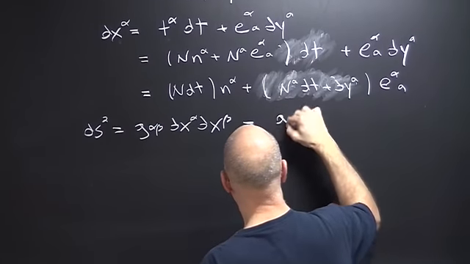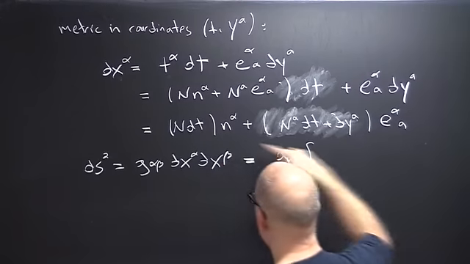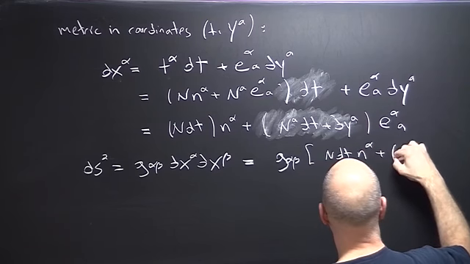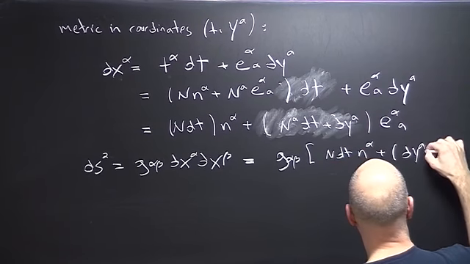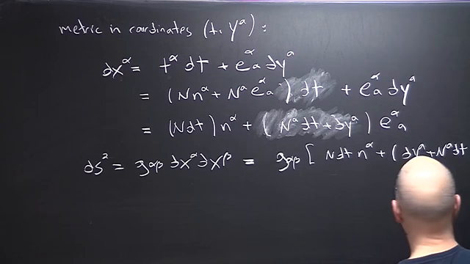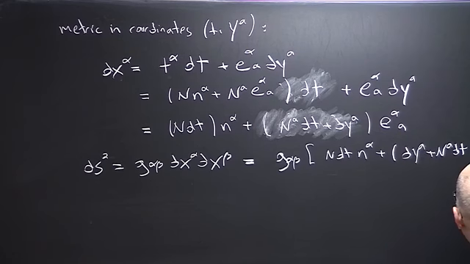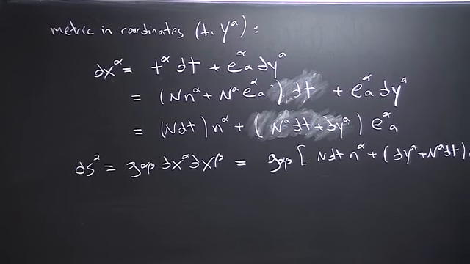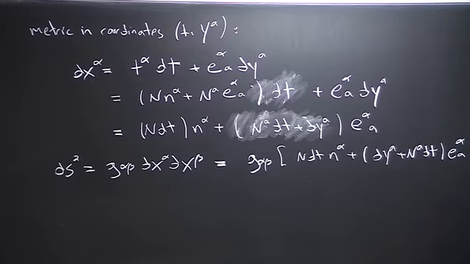So I get g alpha beta that multiplies two of these things. I have n dt n alpha plus, well, what I had before, dy^a plus N^a dt times e alpha a. And then I have another copy of this, but I have to change the indices. So I have n dt n beta plus dy^b plus N^b dt that multiplies e beta b.